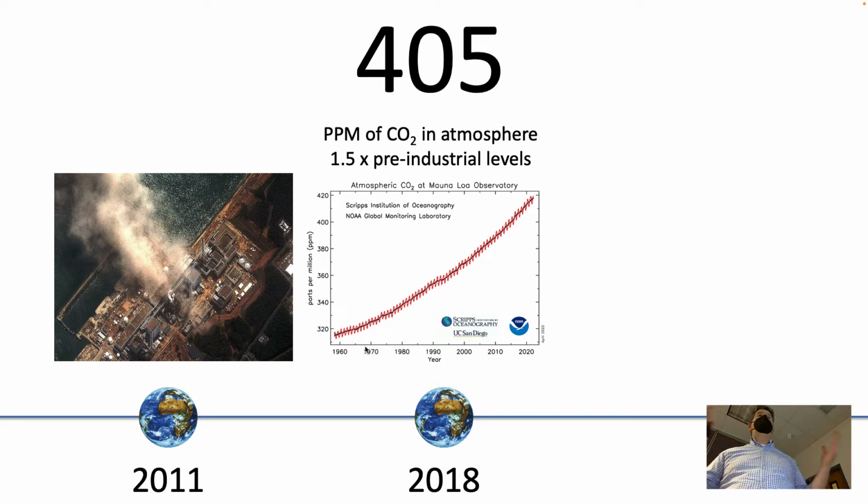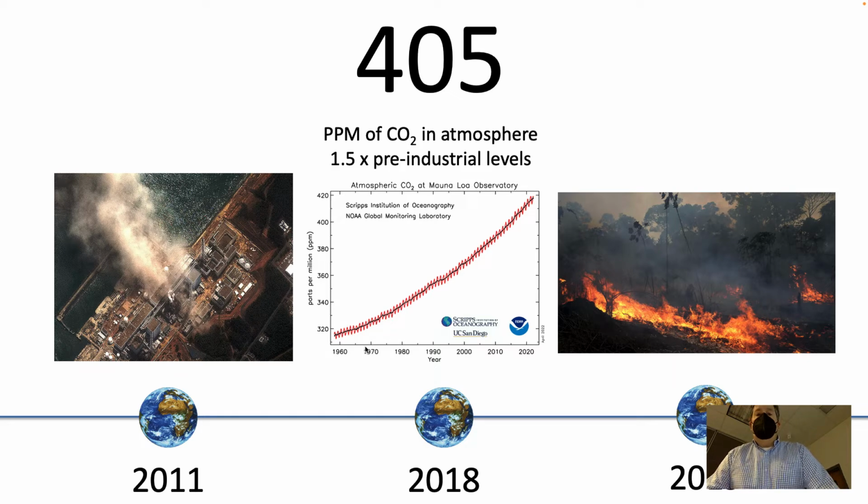So prior to 1850, for much of kind of the human era, atmospheric carbon dioxide was around 270 parts per million. Well, you multiply 270 times 1.5, and you get 405. So we reached 405 parts per million in 2018, and a lot of people are concerned that that is a point of no return for climate change.